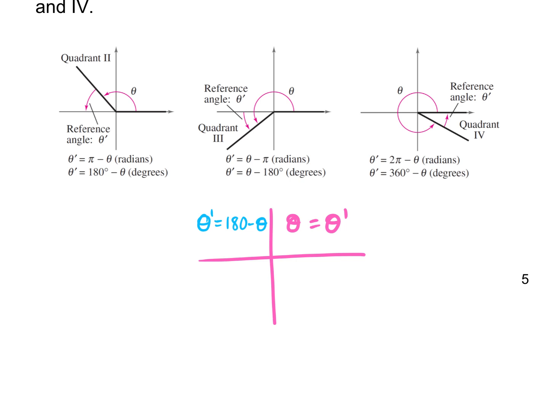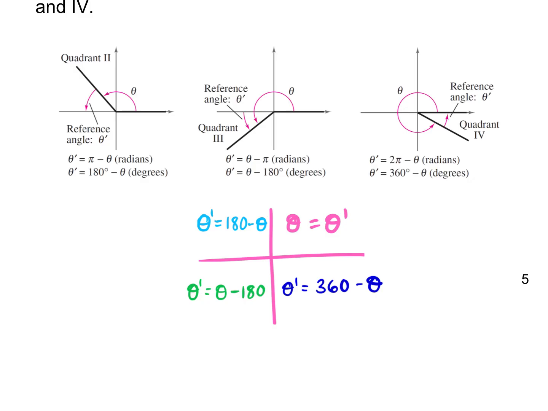If we're in the third quadrant, our reference angle is going to be theta minus 180. And if we're in the fourth quadrant, our reference angle is going to be 360 minus theta. So depending on which quadrant you're in, we have a different formula for the reference angle.